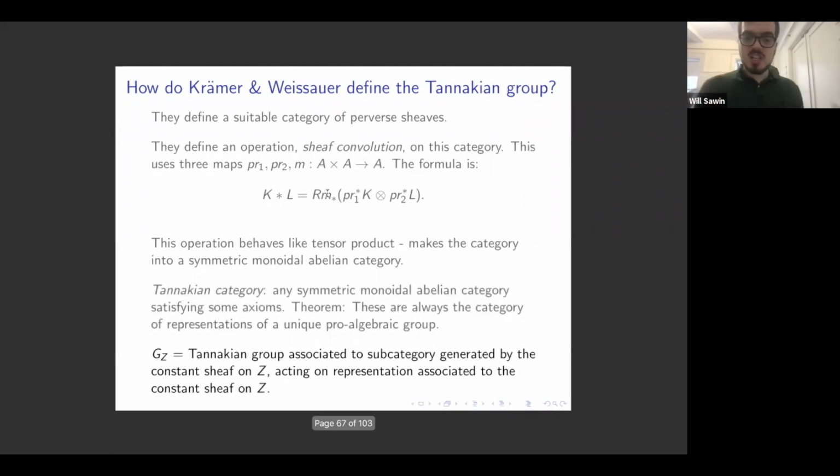And so we could define G_Z as the Tannakian group associated to the subcategory generated by the constant sheaf on Z, or another way of saying that is that we take the representation of this big infinite pro-algebraic group associated to this constant sheaf on Z, and we look at its image inside GL. So this is the definition of the Tannakian group.